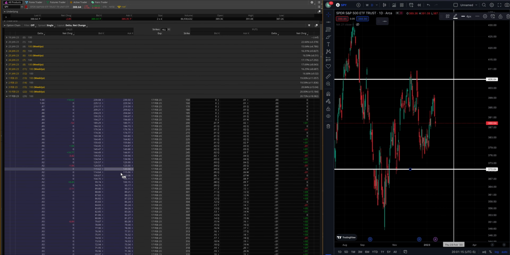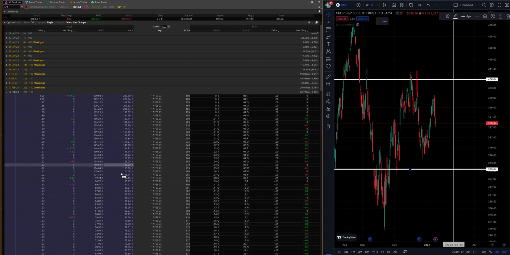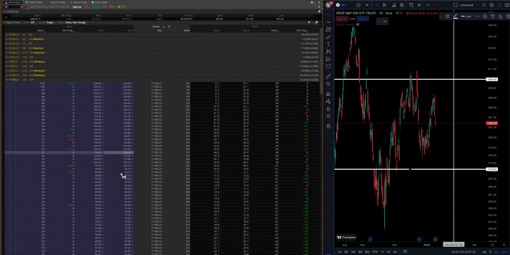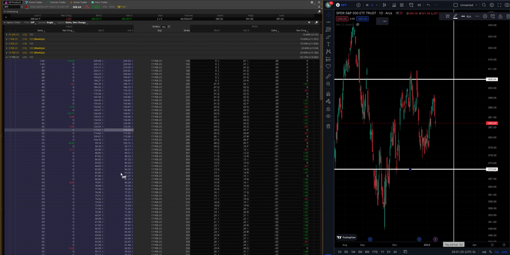And what we're going to do is take the expected move for this 29-day cycle. And then we're going to go over to the chart. We're going to take the closing price of today, which is the 19th of January 2023.